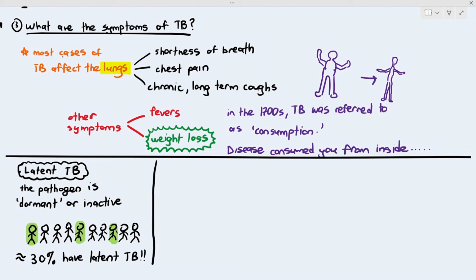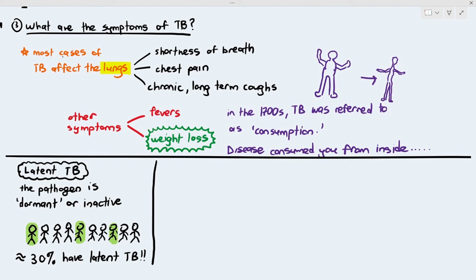So 1 in 3 of us approximately will be walking around with these Mycobacterium pathogens in our body. But the good news is the Mycobacterium pathogens are inactive. They are not damaging your body, right? Because think about it, TB can actually spread very easily through airborne. So it makes sense that it can spread from one person to another quite easily.